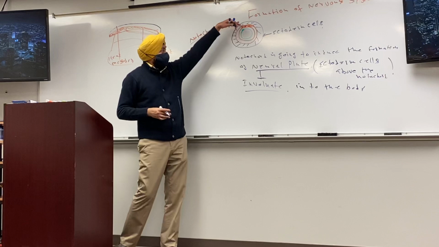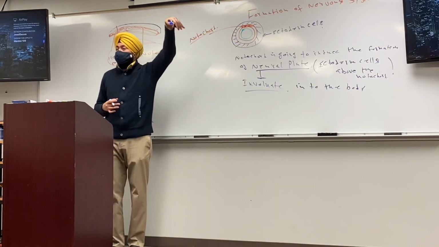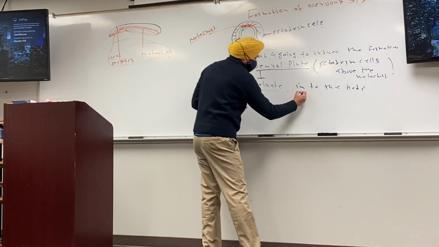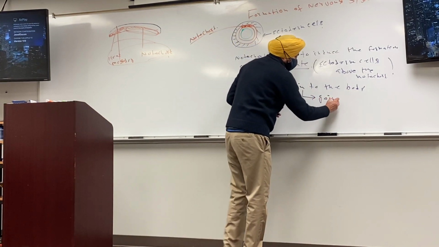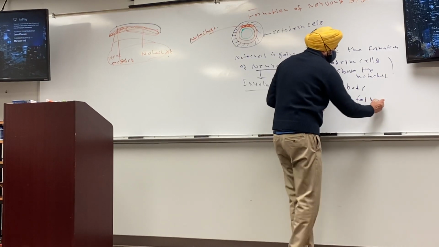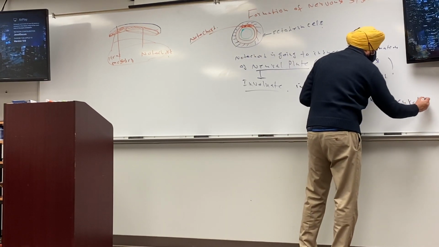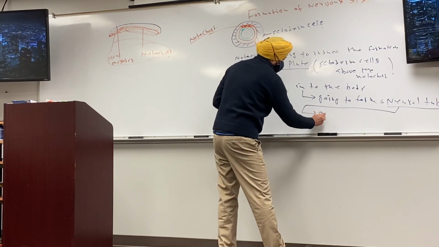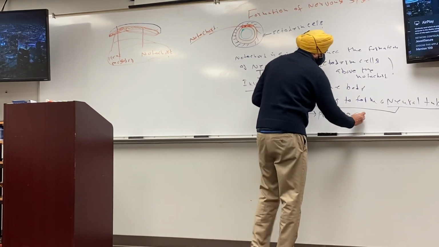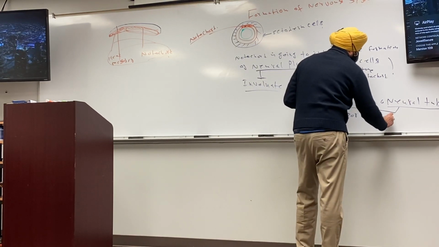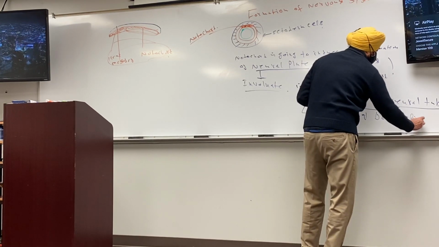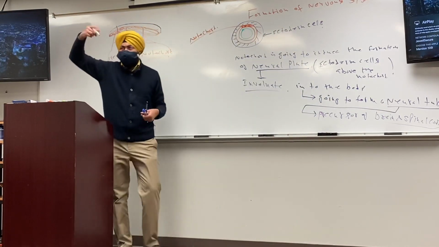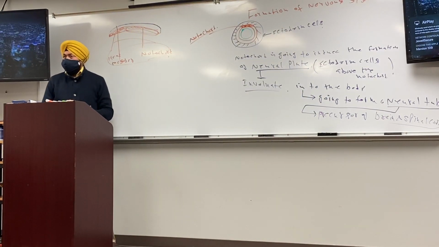So the neural plate which is formed, that is involuted inside the body, and what it is going to give you is going to form a neural tube. And that neural tube will be a precursor of brain and spinal cord. So the whole game is about forming tube, one tube, next tube, like that. Okay, so far it is okay.